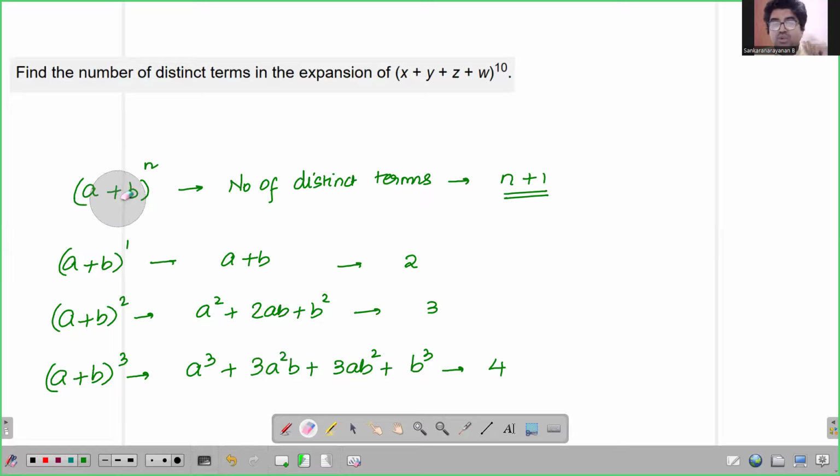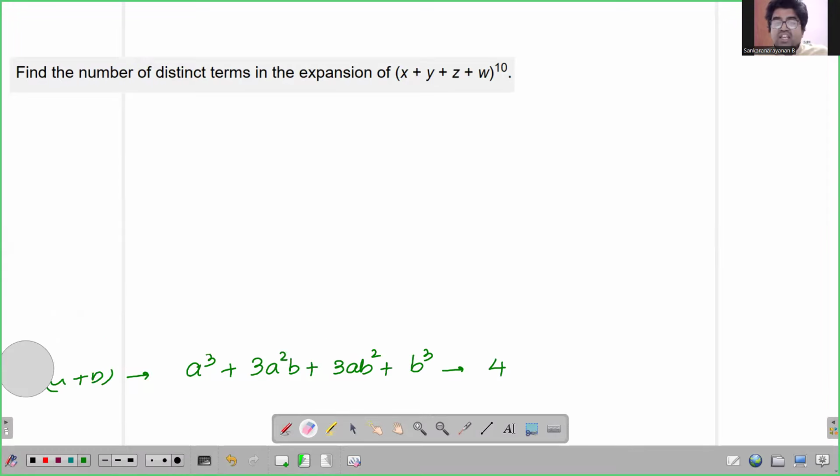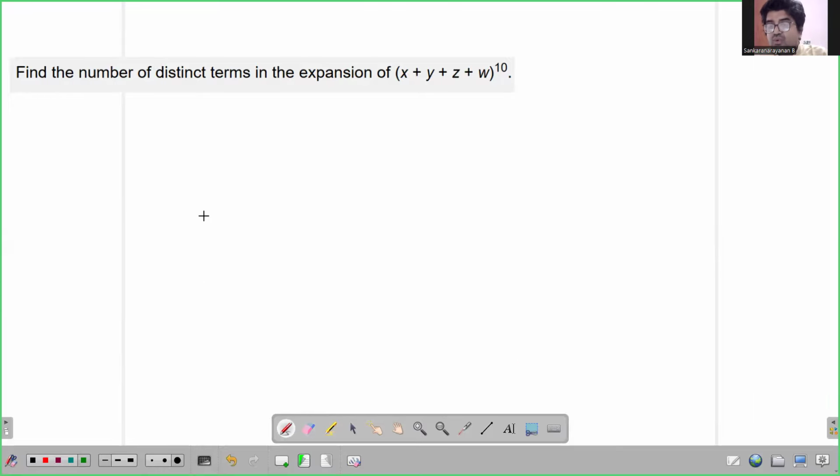Binomial, two terms are there, a and b, a plus b. But here it's x plus y plus z plus w, 4 terms to the power of 10. So one thing you can understand is, in that expansion there will definitely be a term that looks like x power 10, y power 0, z power 0, w power 0.